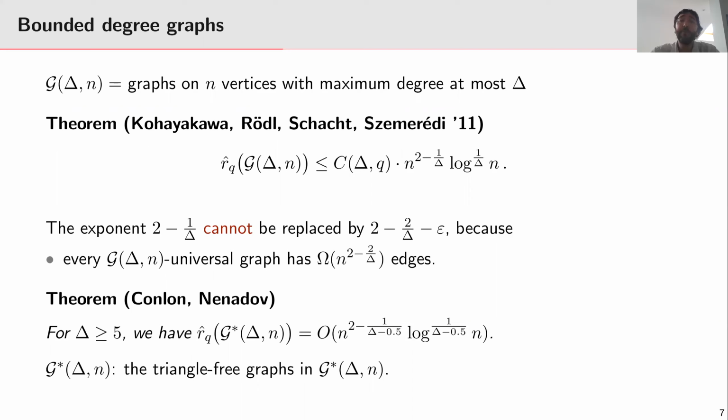And the reason for this is when you look at the strategy that Kohayakawa, Rödl, Schacht, and Szemerédi use to get this number, what they do is they use regularity inheritance and they really push it to the limit that you can possibly do. So their strategy works, and at some points it has to consider regular pairs which cannot be made smaller because smaller pairs simply cannot be regular.